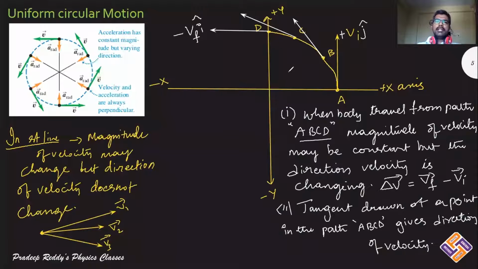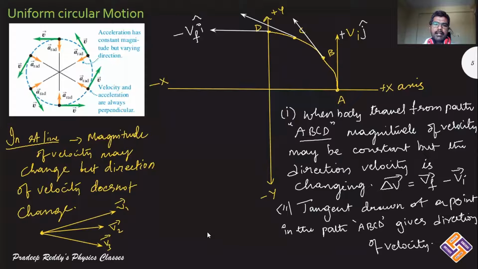So when the object is starting at position A and traveling from A to D, the magnitude of velocity remains constant, but the direction of velocity is continuously changing. The direction of velocity at any point in this path can be obtained by just drawing a tangent at that position.